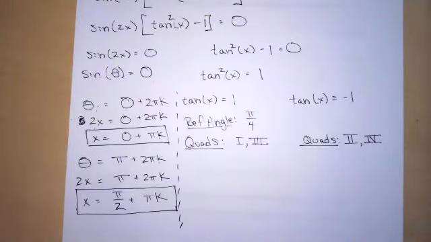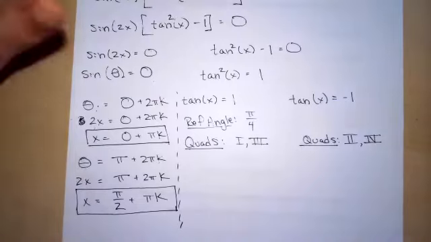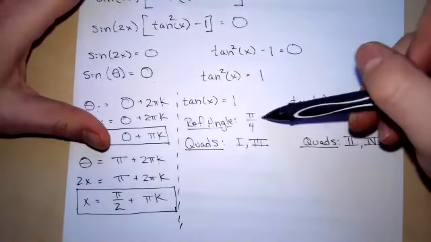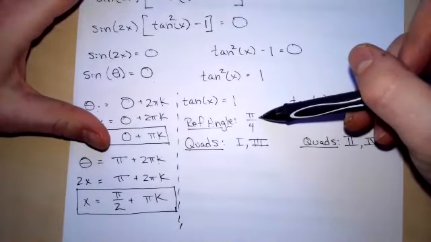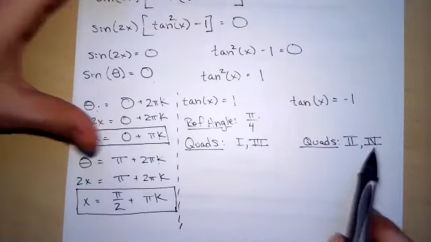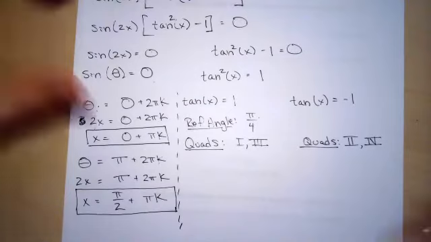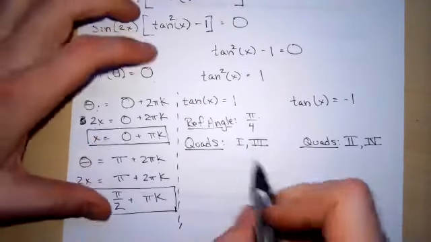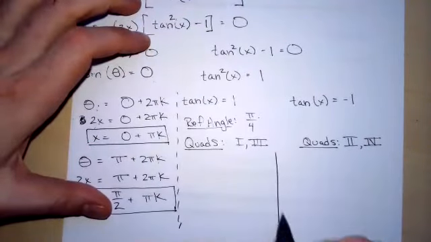So what are the initial angles we want to look for? We are looking for a reference angle of pi over 4 in quadrants 1, 2, 3, and 4. So we want a pi over 4 reference angle in every single quadrant. Let's go ahead and find all those.